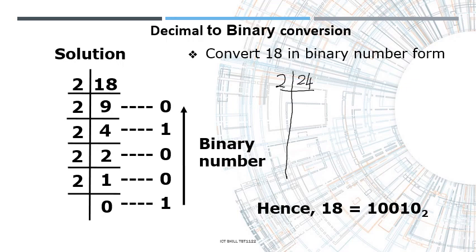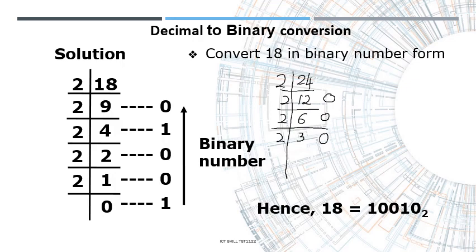It will be 12, because 12 times 2 is 24, remainder 0. Then 12 divided by 2 is 6, remainder 0. Then 6 divided by 2 is 3, remainder 0. Put your 0 here.